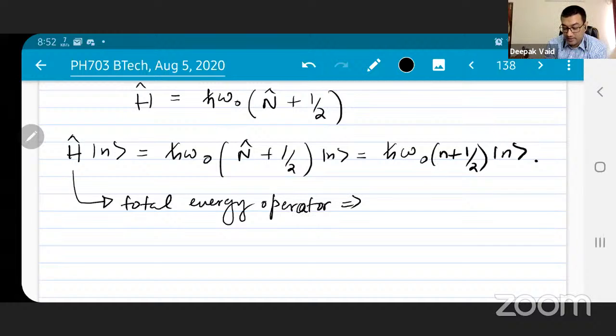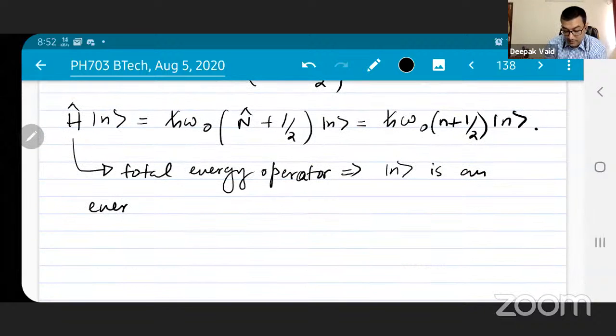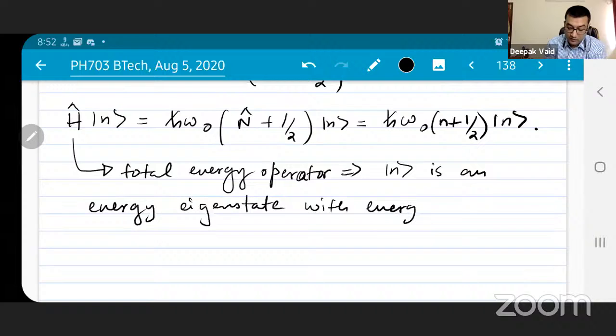So this tells me that n is an energy eigenstate. What is the energy of this eigenstate?